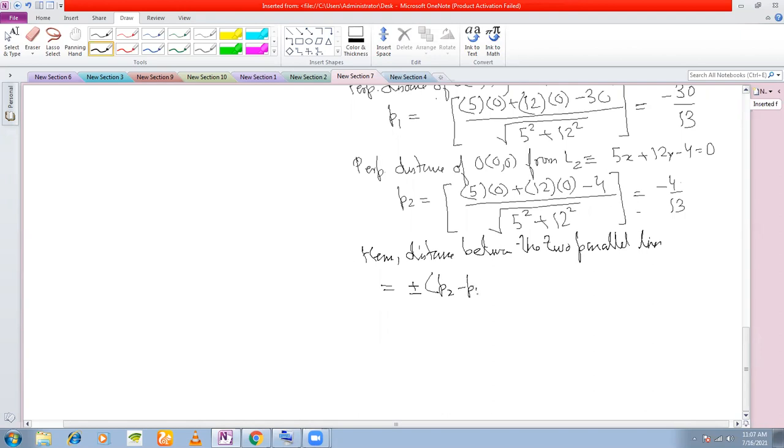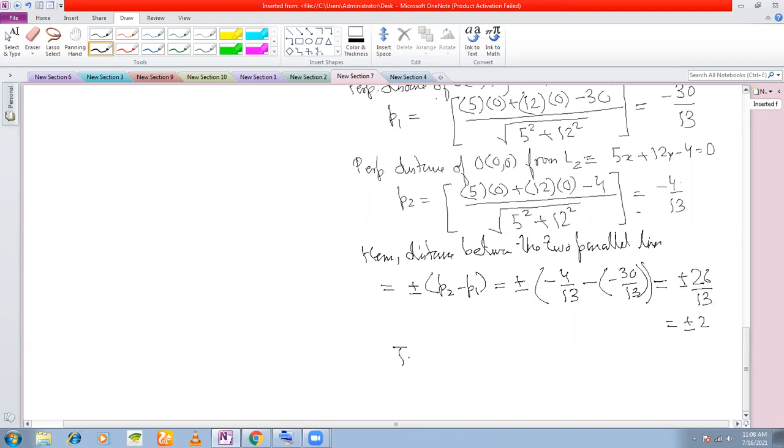You can also take P1 minus P2, is equal to plus or minus 4 by 13 minus of minus 30 by 13, which you will get as plus or minus 26 by 13, which is equal to plus or minus 2.